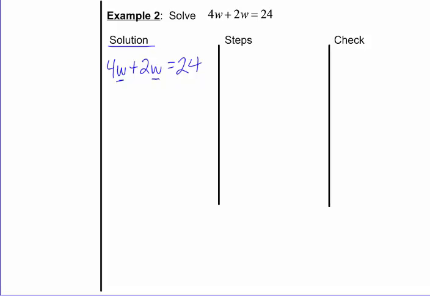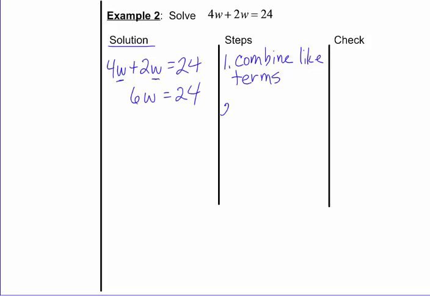If you have two variables, you have to use some of the techniques we talked about before to get it down to just one variable. In this case, we have to combine like terms first. Since the variables are exactly the same, a w and a w, we can combine them. 4w plus 2w is 6w.